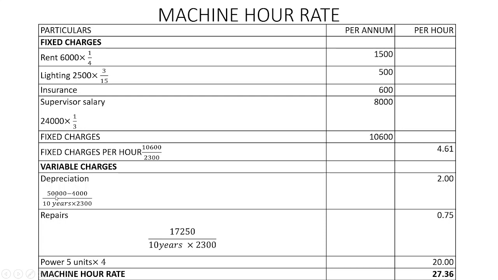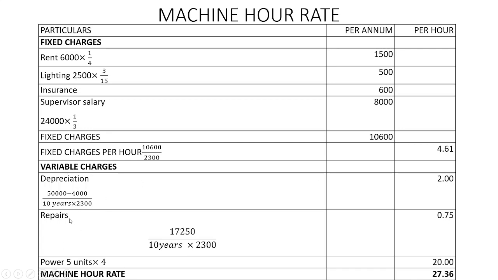So depreciation is the cost of the machine minus the scrap value divided by the working life in hours. We have 1 year 2,300 hours it will be working, and 10 years working life. So 50,000 minus 4,000 divided by 10 years into 2,300. So depreciation is 2 rupees.